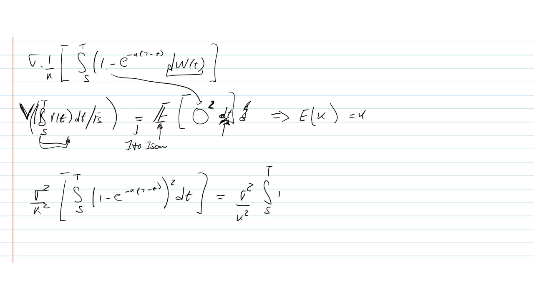S T, one, dt, S T e to the minus 2k t dt. Just everything stochastic, which makes it look easy, but it's just a lot of algebra.